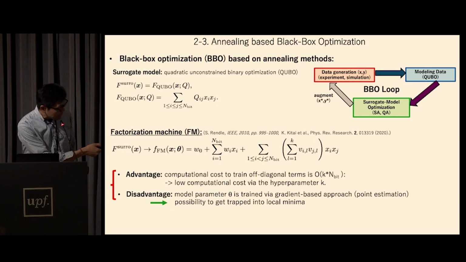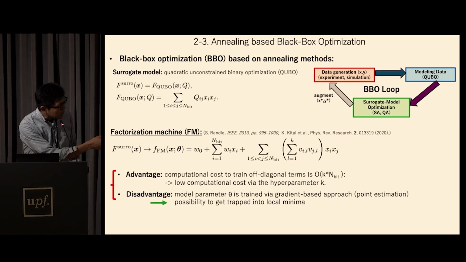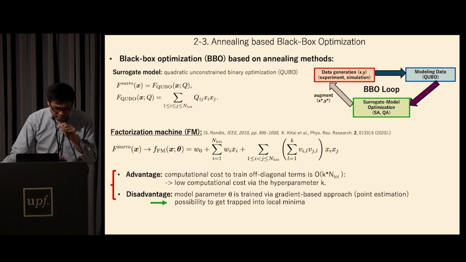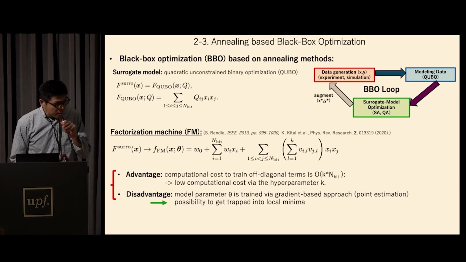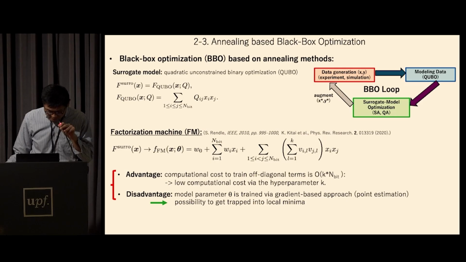However, there's a disadvantage: unlike Bayesian optimization, the uncertainty of training these model parameters is not taken into account in factorization machine annealing. So in our work, we would like to construct an FM-based algorithm that keeps the advantage while improving on this disadvantage.